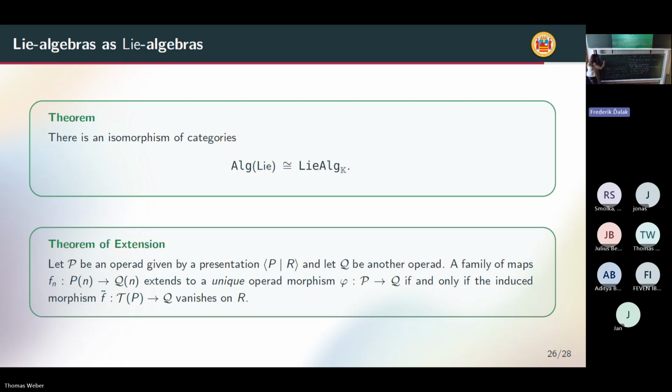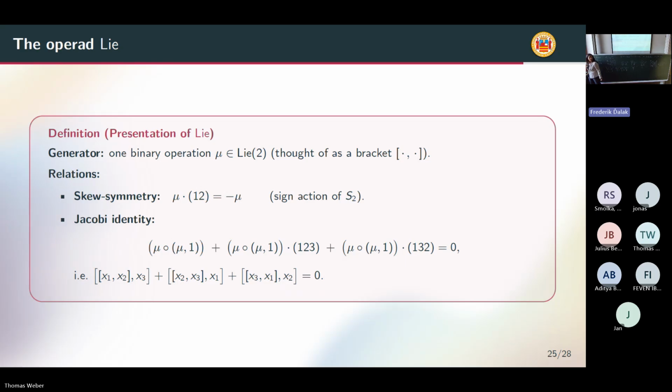We define an assignment of the unique generator mu of Lie to the Lie bracket, and then this assignment extends to a unique morphism of operads thanks to this beautiful theorem, the theorem of extension, saying that if the image, the Lie bracket, satisfies the relations in the operad, so skew symmetry and Jacobi identity, and it's obvious because it is the Lie bracket, then an assignment of generators extends in a unique way to a morphism of operads, which was exactly what we wanted to obtain, and everything works according to universal properties.